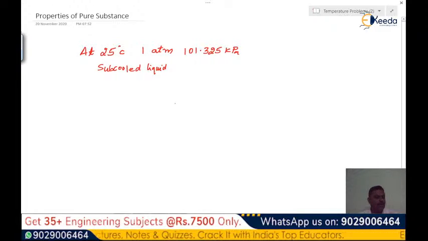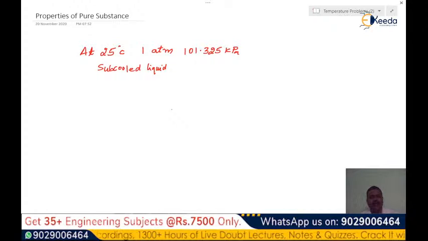I hope you have studied boiling in your high school science, where water boils at 100 degrees Celsius. Boiling means it starts changing its phase from liquid state to vapor state. When it is boiled, you can see water converted into vapor phase.